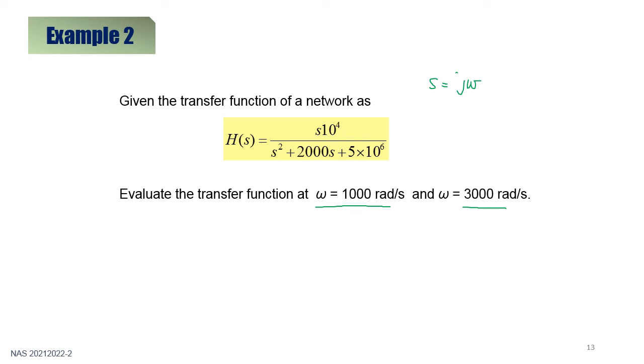Therefore, you can replace all S with J omega, the same goes for this S and this one as well. Then you can replace all omega values with the first one, omega equal to 1000, and the second one at 3000.